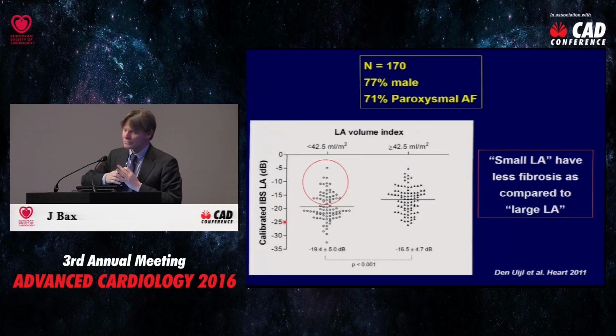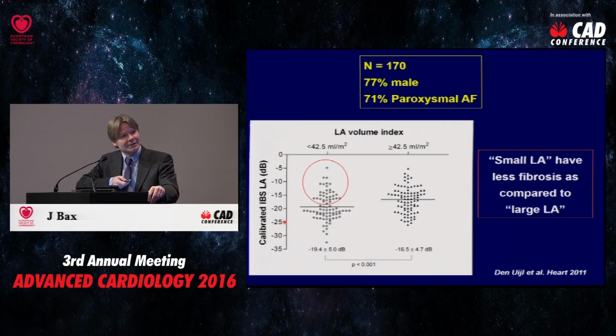And I'll show you just the results of one study that we did. Here's 170 patients. 71% has paroxysmal atrial fibrillation. And first we looked at the size of the atrium. So these are the small atria, these are the large atria. And this here is the decibels on the y-axis, and the decibels actually represent the fibrosis. So if I go more in the direction of 0, I have more fibrosis. The small atrium has less fibrosis than the large atria.